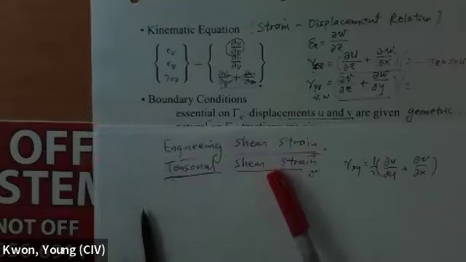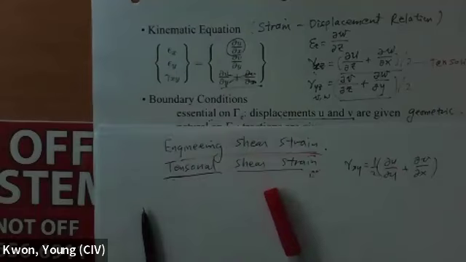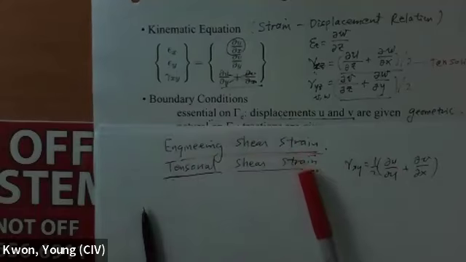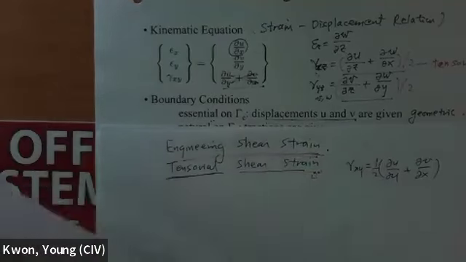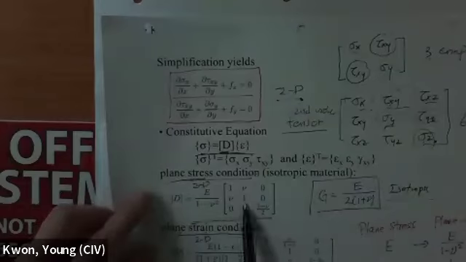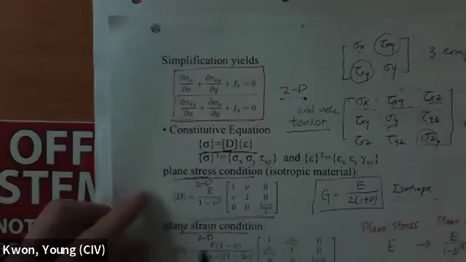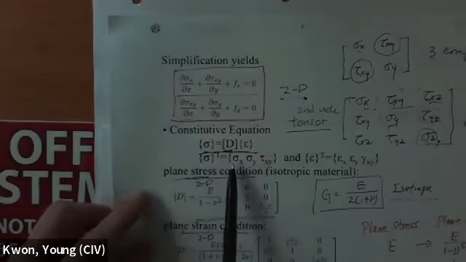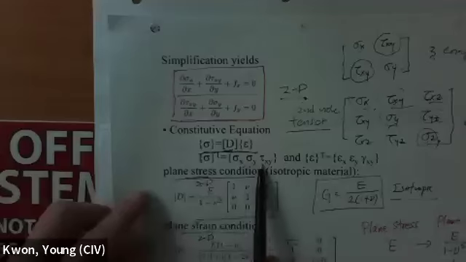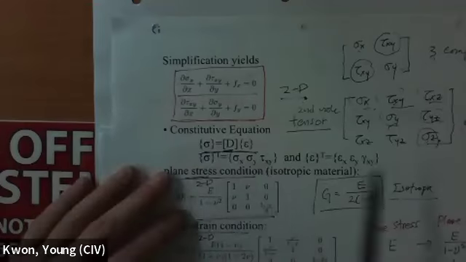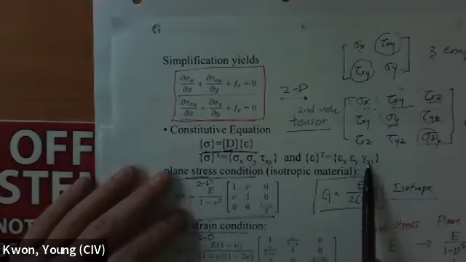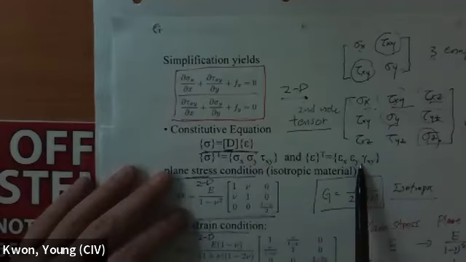Then why is this important? Depending on how you define the shear strain, the difference is going to be this one. D is the relationship between stress and strain. Stress has just a simple, single definition, no difference between tensor and engineering, just one value. But it depends on how you define the strain.